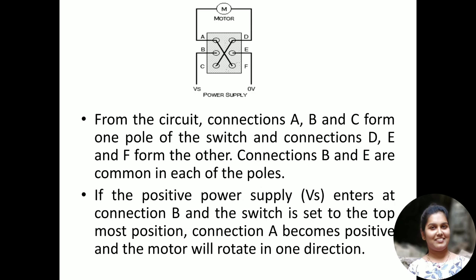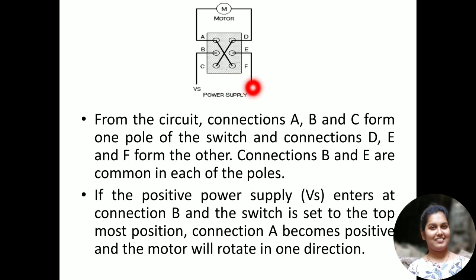So from this circuit, here the connections A, B, C are from one pole of the switch, and the connections D, E, F from another. So the connections B and E here are common in each of the poles.